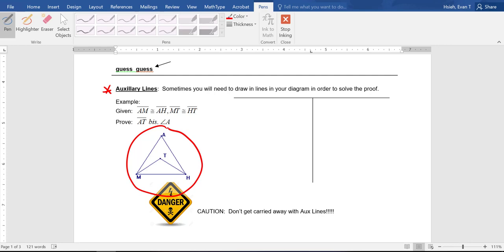There's no triangles to prove congruent. Also it's talking about segment AT, which doesn't exist here. So again, you need to draw in the segment, and then you can continue on with the proof. That said, please don't get carried away with auxiliary lines, okay? Most of the time, unless it's something obvious, you do not need to draw auxiliary lines, okay?